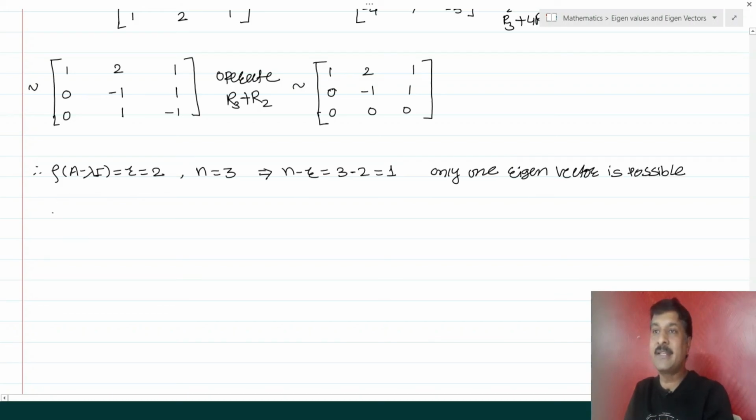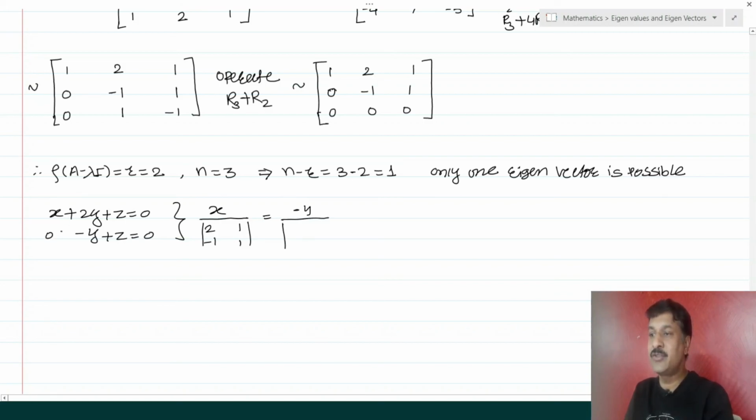So from the last matrix I am getting x plus 2y plus z equal to 0, and 0x minus y plus z equal to 0. By Cramer's rule, you can find here x upon the determinant of (2, 1; -1, 1), that is equal to minus y upon, definitely here 0x, so I am getting 1, 1; 0, 1, and z upon the determinant of (1, 2; 0, -1).